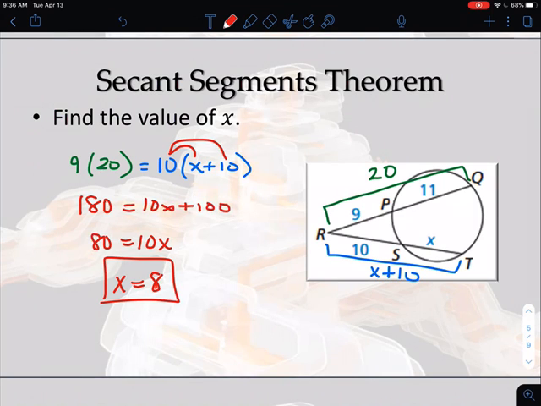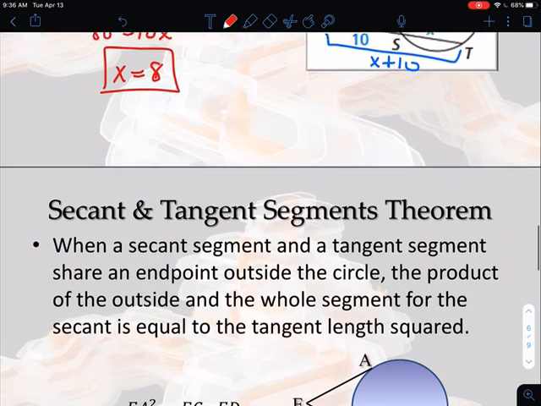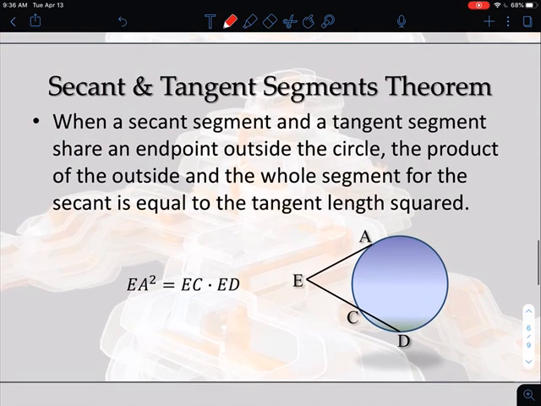Okay, so outside times whole equals outside times whole. Same thing if we throw a tangent line in there. So now on this tangent line, what's interesting to note is that when I highlight the outside portion, it is also equal to the whole thing. And so we have a little bit different notation right here in this equation, and I want you to kind of ignore that for now, because all we're doing is just what we did on the last one.